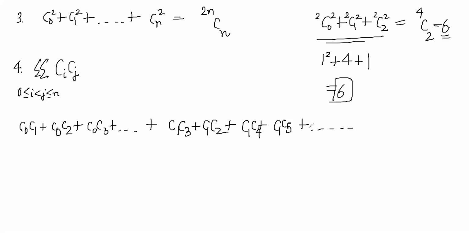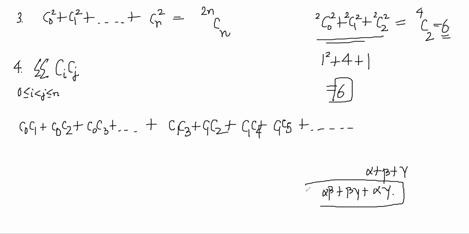Basically all the products taken two at a time. Like when you have alpha, beta, gamma as roots of some equation, you can find alpha beta, beta gamma, alpha gamma, right? This is the sum of the products, things taken two at a time.